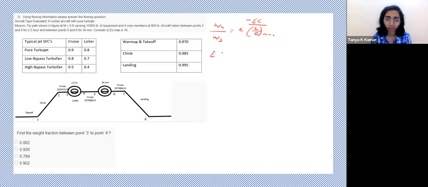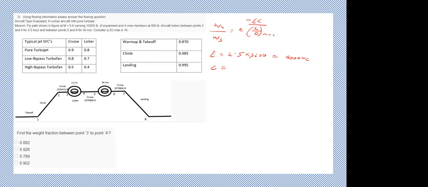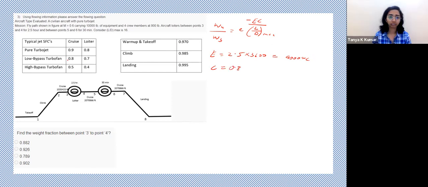E is 2.5 hours, convert it to seconds, that is 9000 seconds. C, how much is C? 0.8, correct. It's still a turbojet, but it's loitering, so it's 0.8. And L by D max is directly given to you, that is 16. So what is W4 by W3?